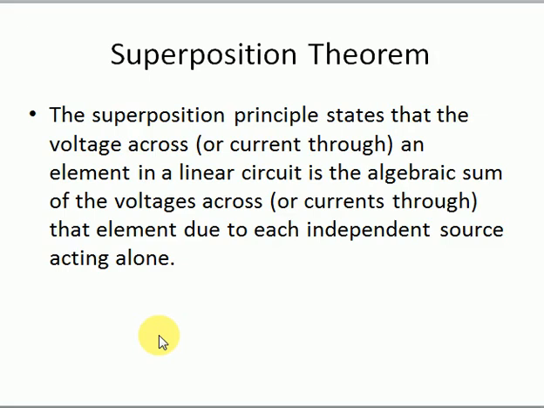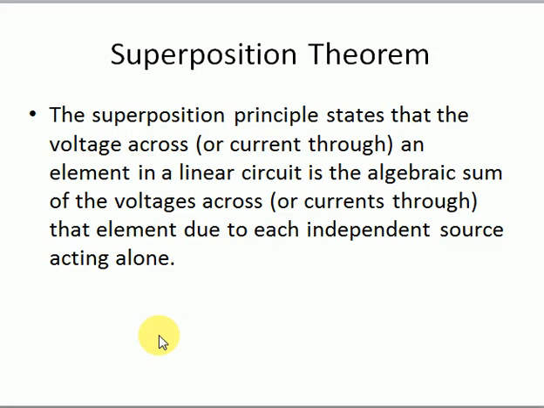After doing that, we use only one source and remove the other, and get the value of I, the total current of the circuit, with a single input.